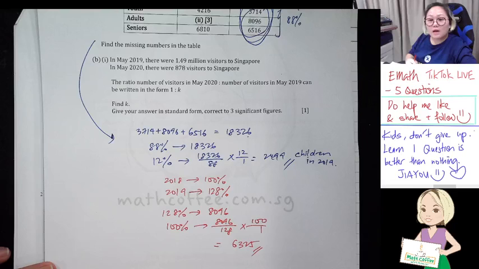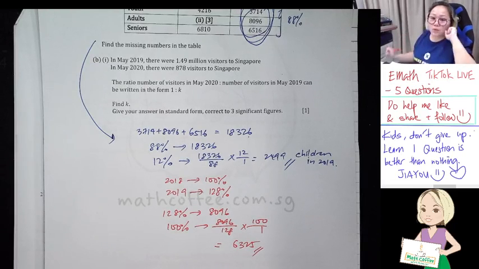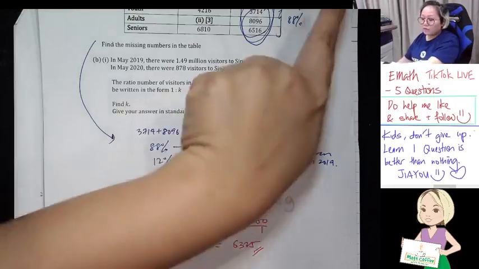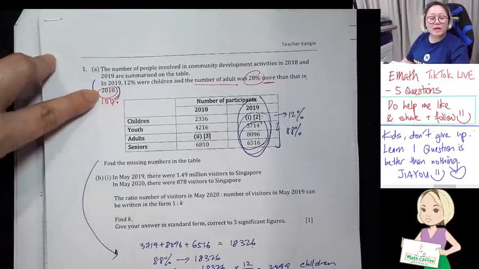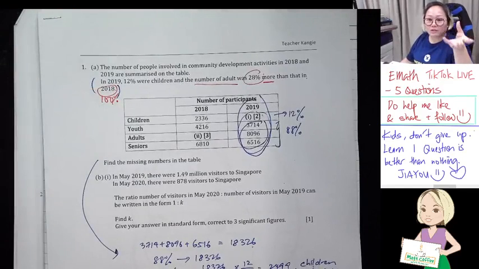Okay? Hello? No, you cannot. You cannot take 100 minus 28. It's wrong. Because if you take 2018 as the reference, that has to be your reference point. That has to be your 100%. A common mistake is what you did.